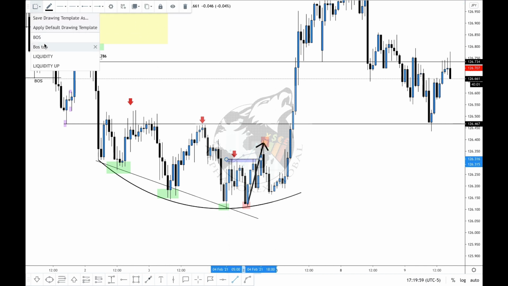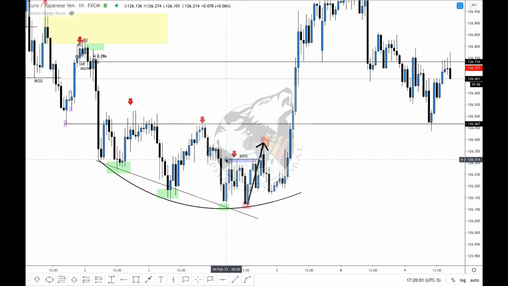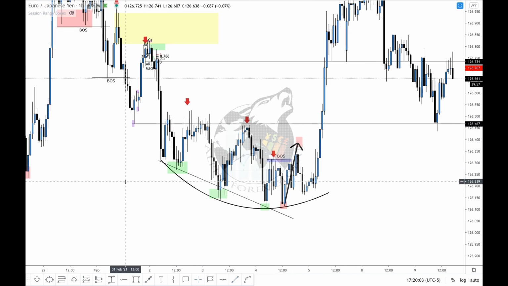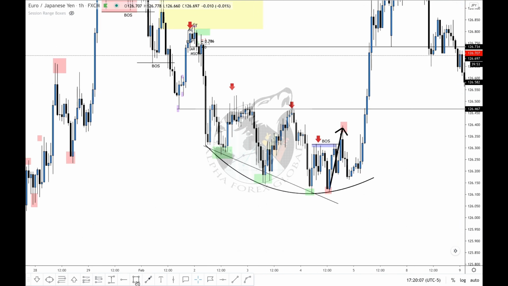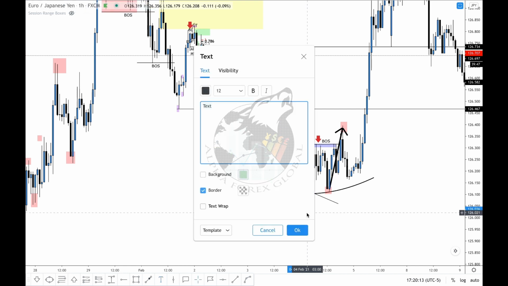Knowing this, it means that this could be the possible area where the 4-hour time frame wants to go up. So now we identify this as a 4-hour higher low.